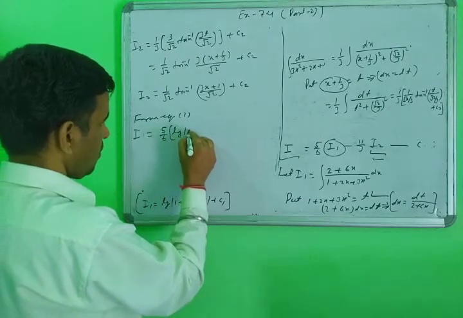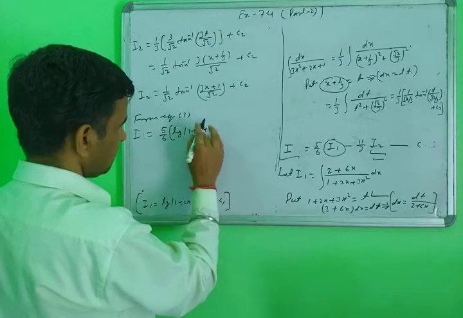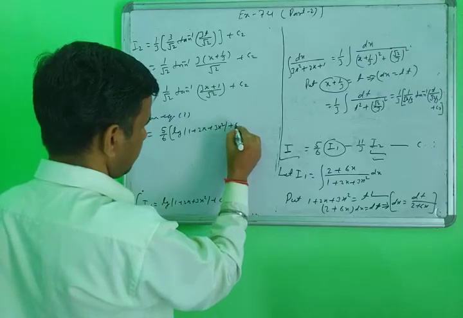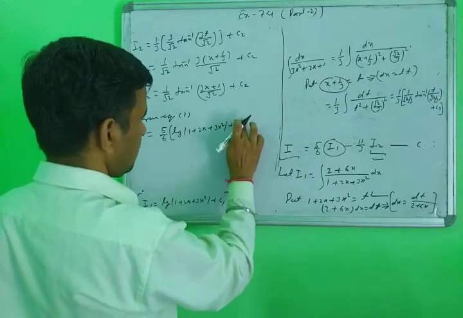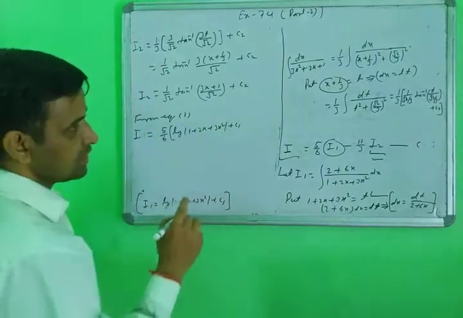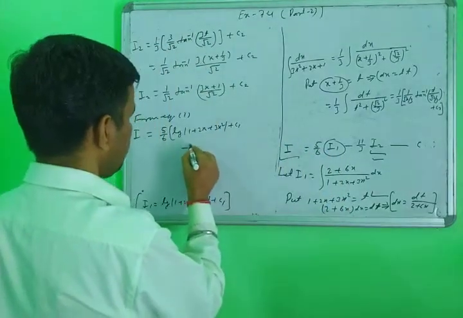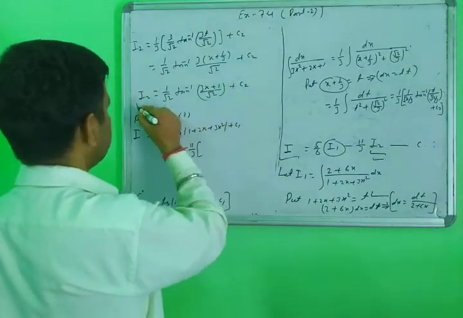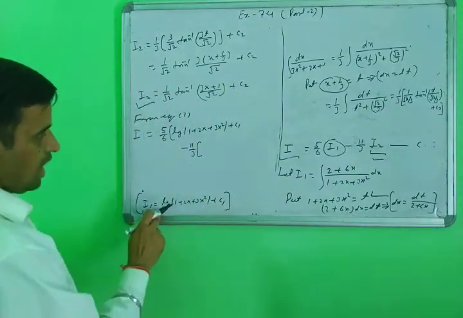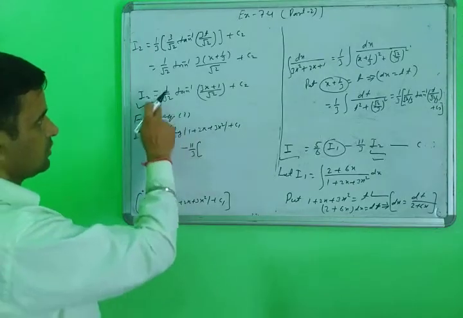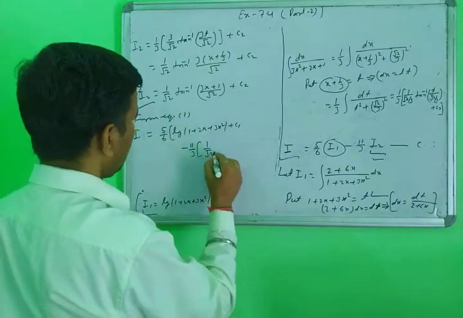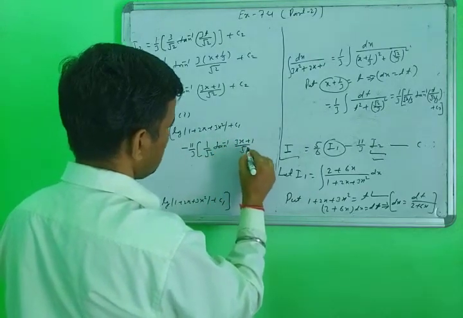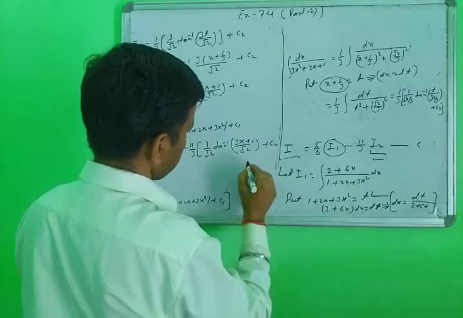This is your log of 1 plus 2x plus 3x square plus c1, and then you use minus 11 upon 3 I2, the value of I2: 1 by root 2 tan inverse of 3x plus 1 upon root 2 plus c2. I1 is put from here and I2 is put from here.